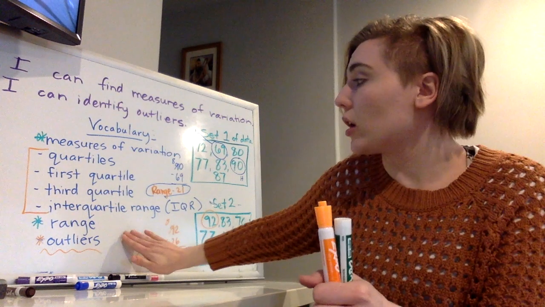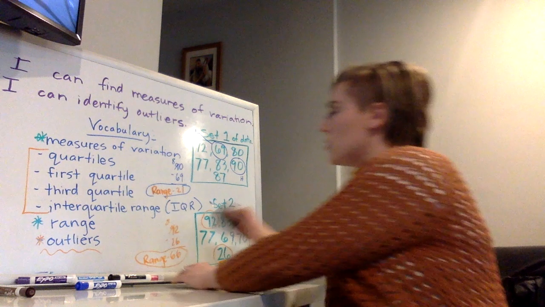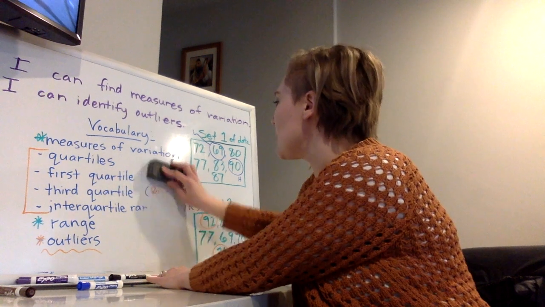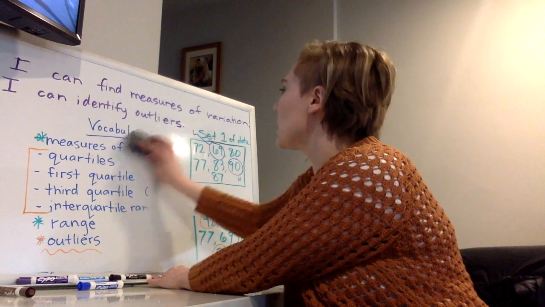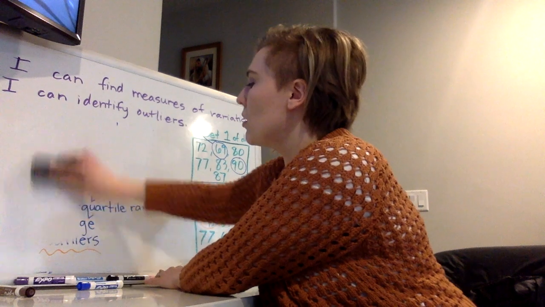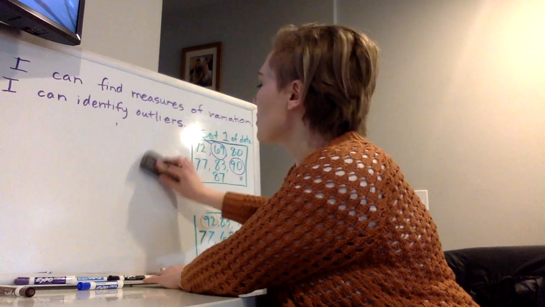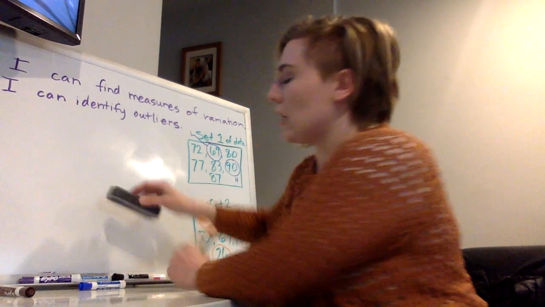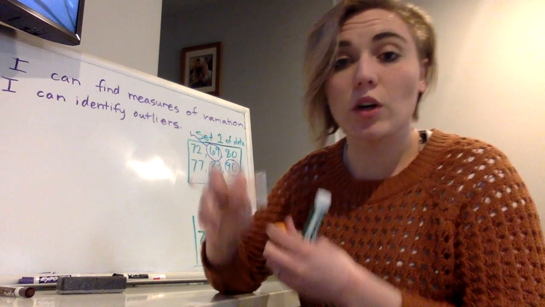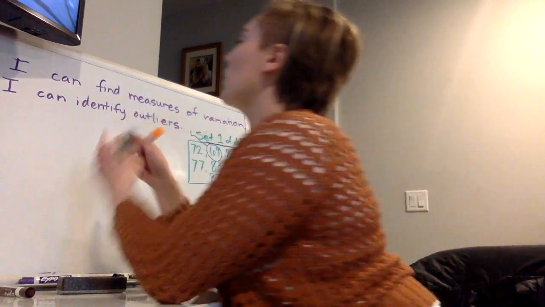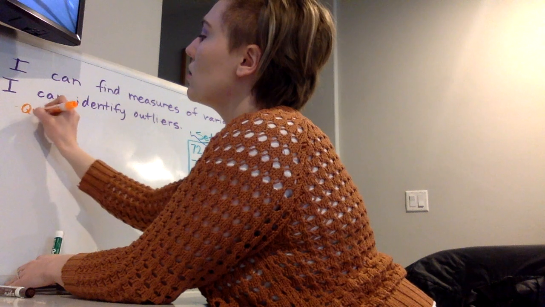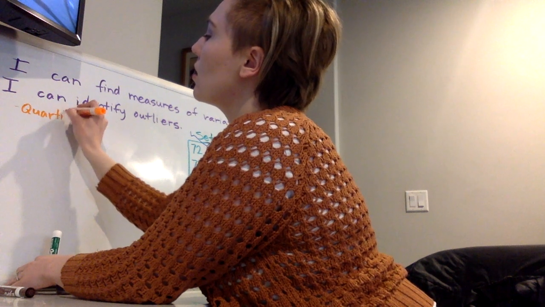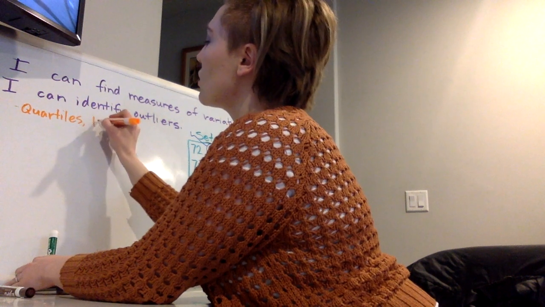So before I move forward, I'm actually going to erase this and keep this data set here. Whoops, let's not have this whiteboard fall over. Okay, so the terms that we're going over, we've got quartiles. There's the first quartile.